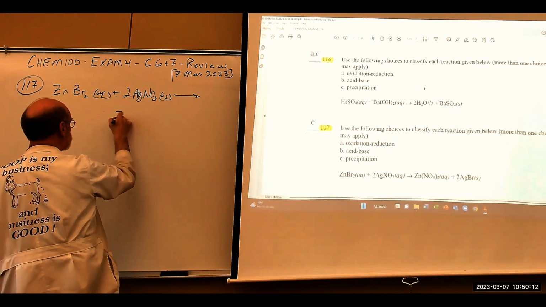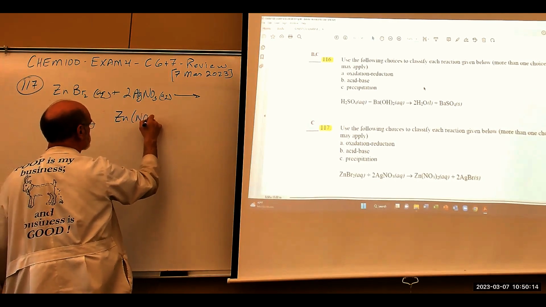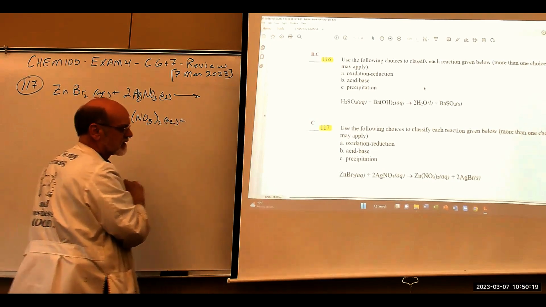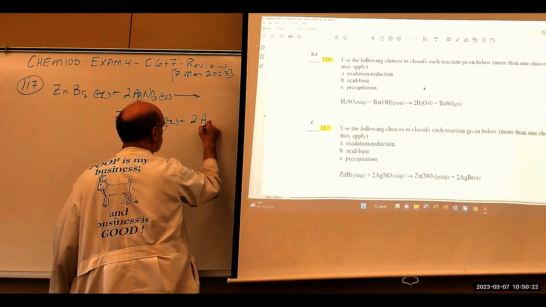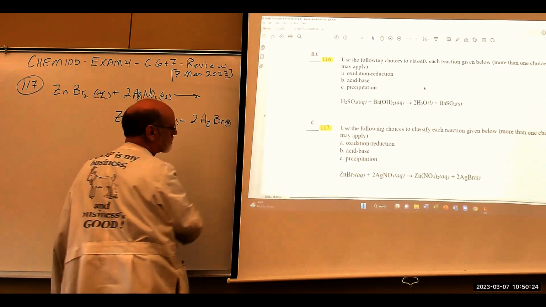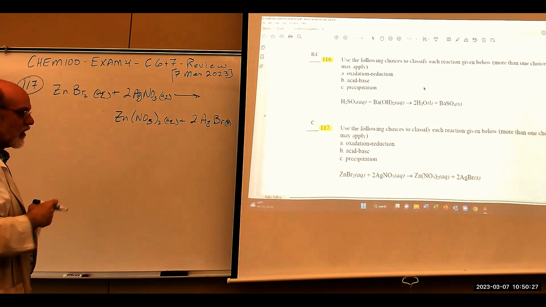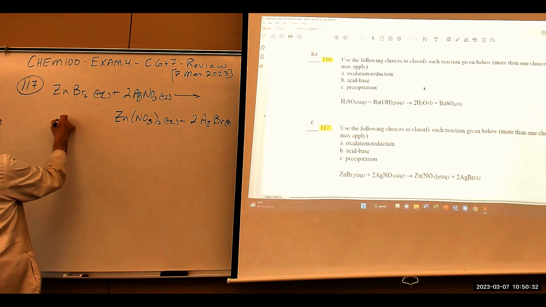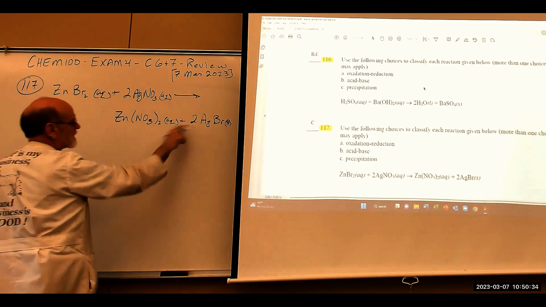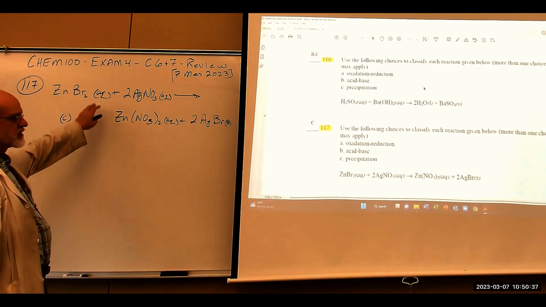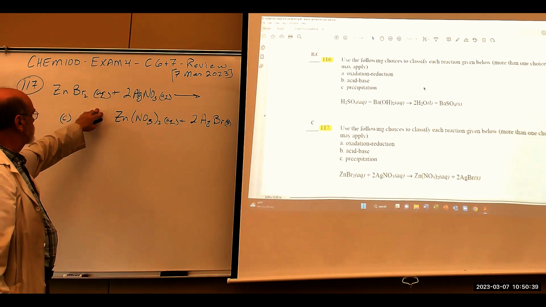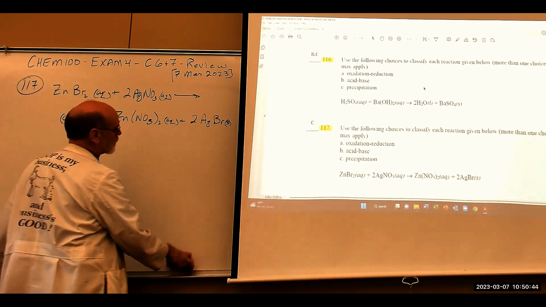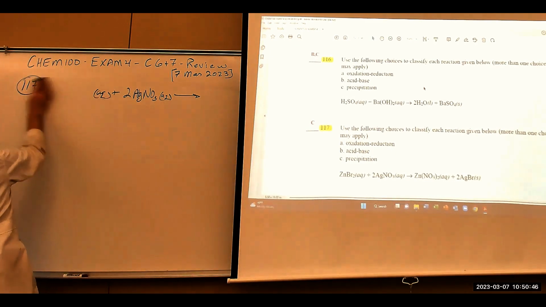Zinc nitrate, zinc 2 nitrate in solution plus 2 silver bromide solid. Okay, so we got a precipitate here. This is a precipitation reaction. Two solutions make a solid. Oxidation reduction, no oxidation states changed here, no acid bases. So precipitation is the only one that satisfies conditions.